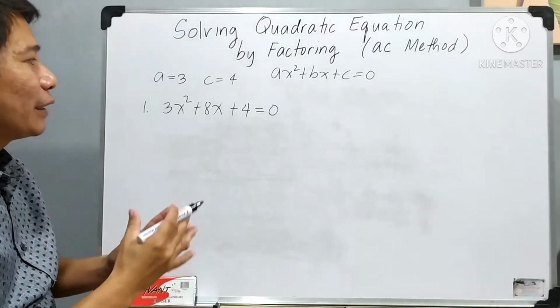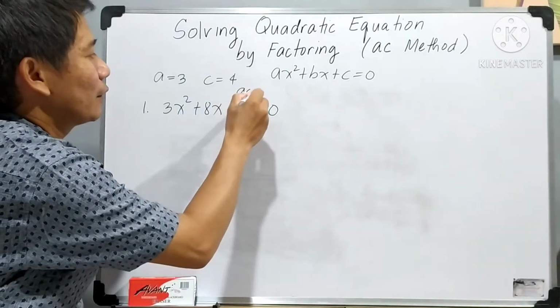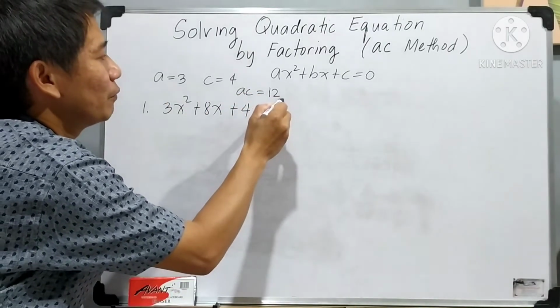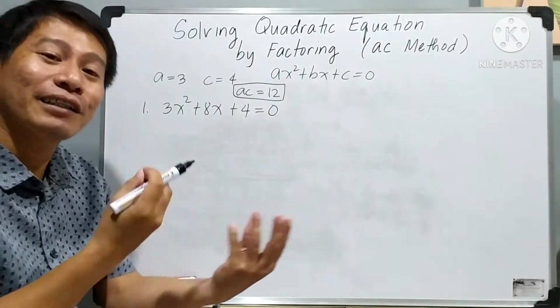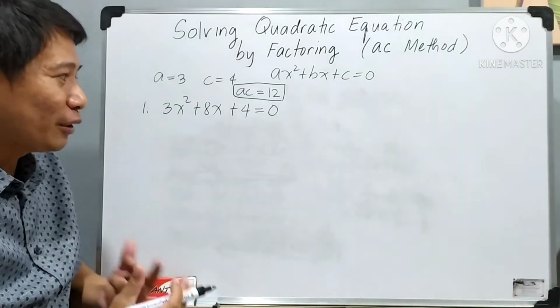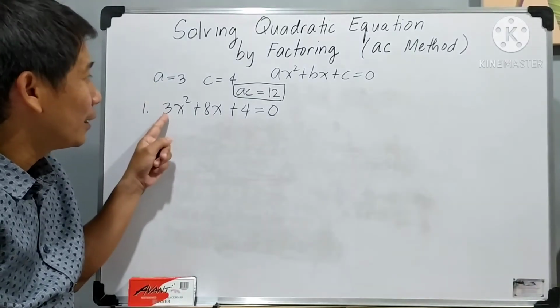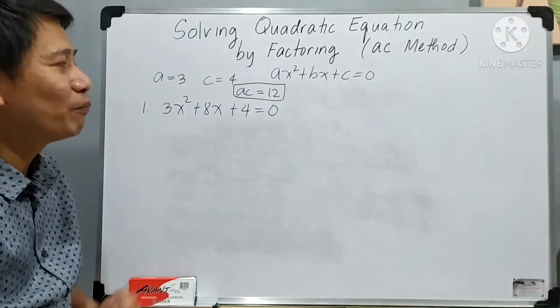So, pag sinabi natin AC, that means we multiply 3 times 4, and that is 12. So, that's why it's called AC. AC means A times C. So, in other words, i-multiply natin si A at saka si C. So, 3 times 4 is 12.